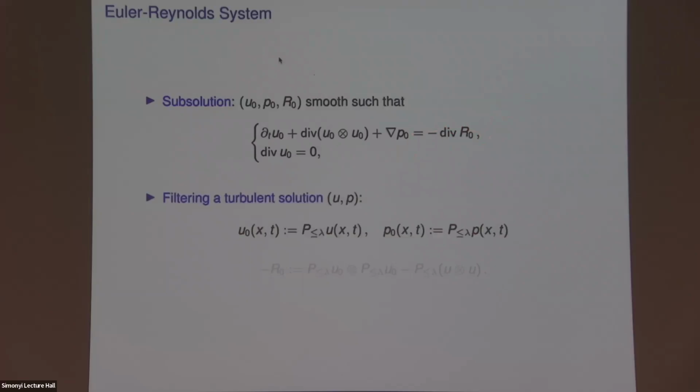So typically one gets solutions to this, or subsolutions to the Euler equation, when filtering turbulent solutions.